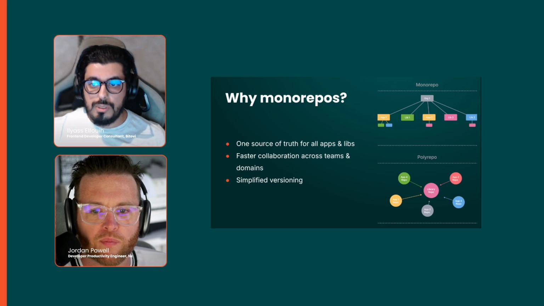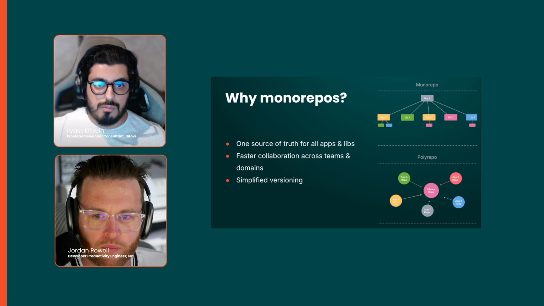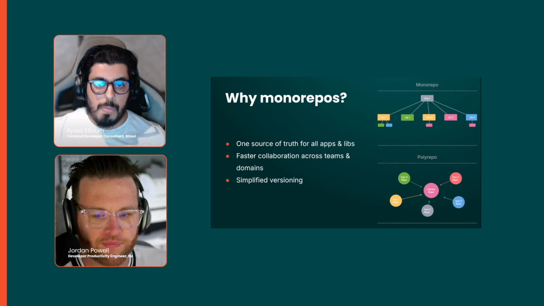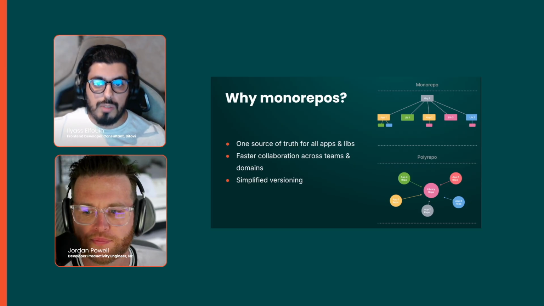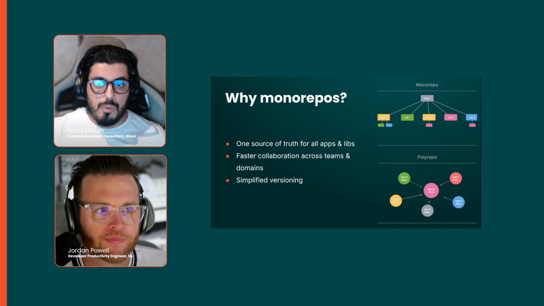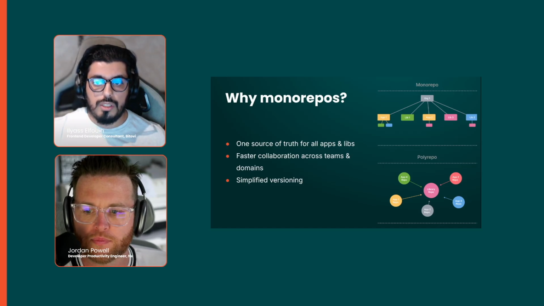This allows all teams to work from one source of truth. Whether you're working on app one or app two, you're consuming the same shared library, for example library one, library two, or library three, without the need for external publishing or versioning.